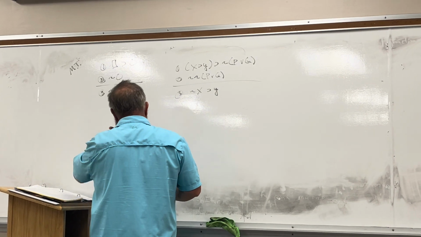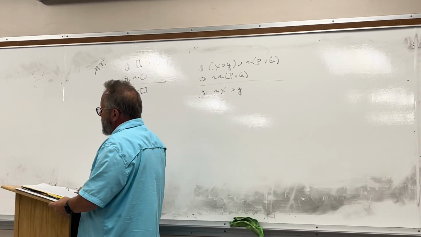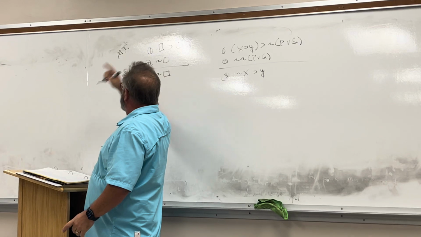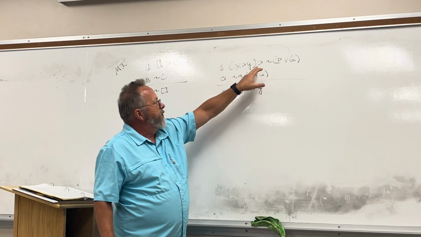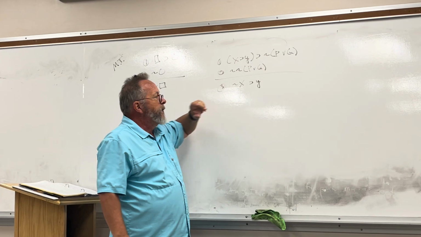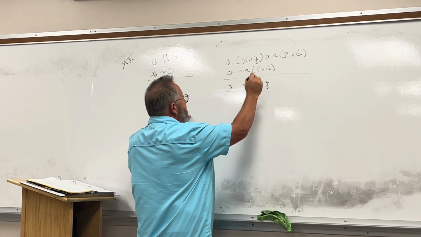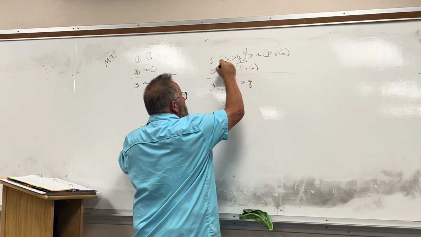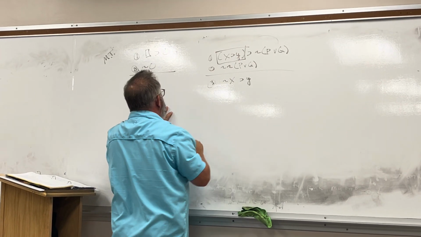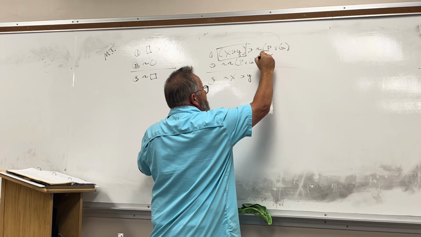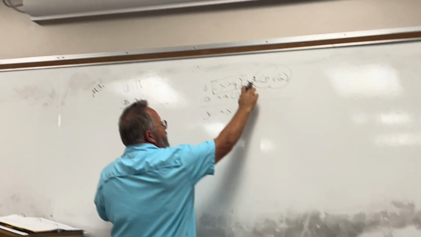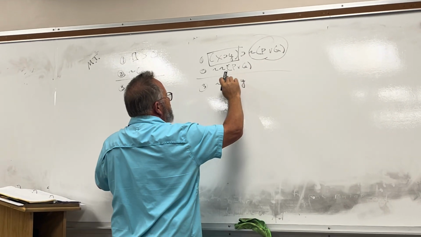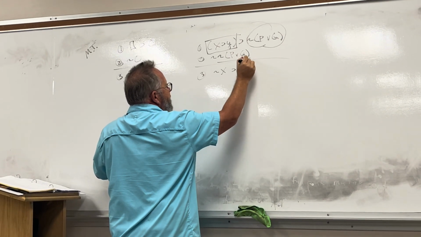All right, so I'm looking for something in the form of a conditional, and the first one is in the form of a conditional, that's the main logical operator. So let's let everything in front of the horseshoe be a box, and everything behind be a circle, okay? So I've called not P or Q a circle, and there's a not P or Q right there.